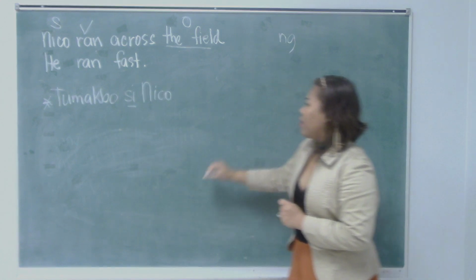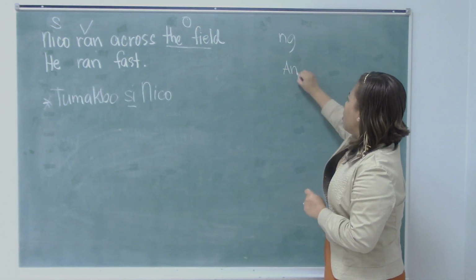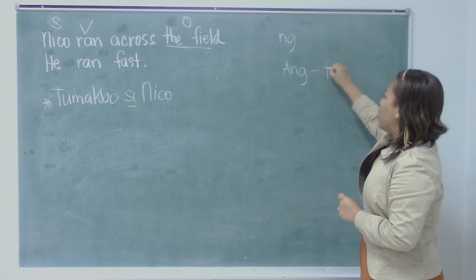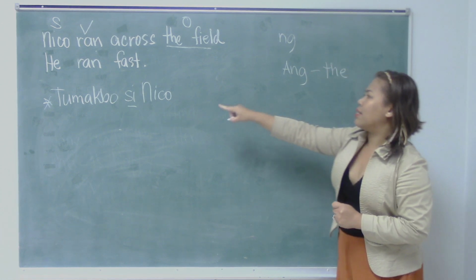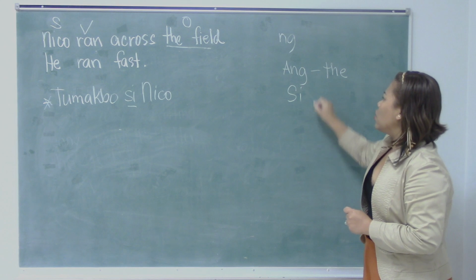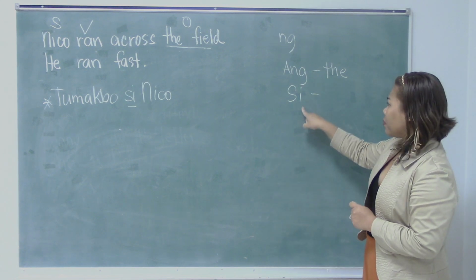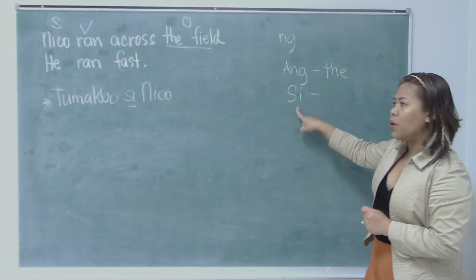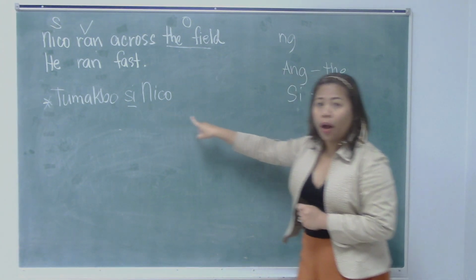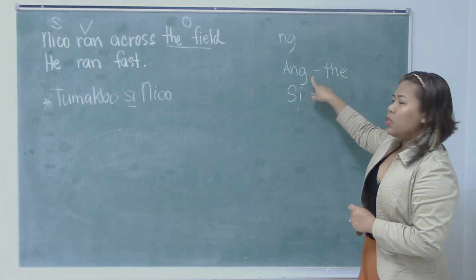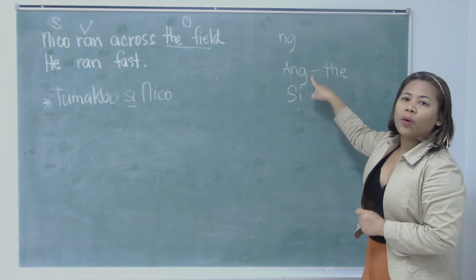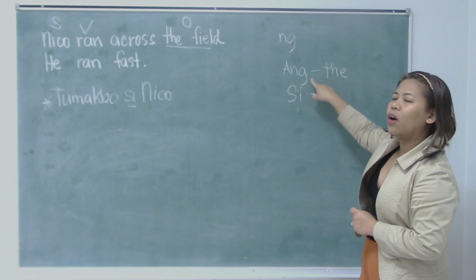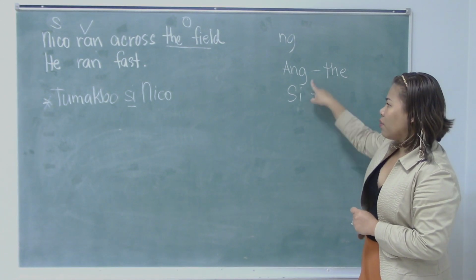It goes with ang. And I already mentioned that ang is like the in English, and si has no English equivalent. But when you use si, it should always be followed with the name of a person. But when you use ang, it's just for objects or things, okay? So you cannot interchange the use of these two.